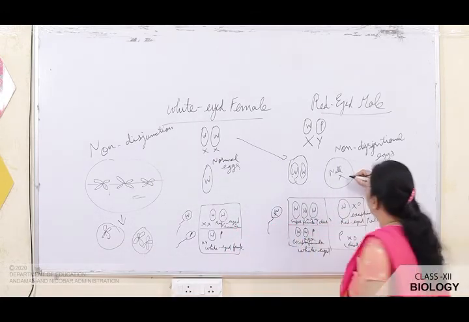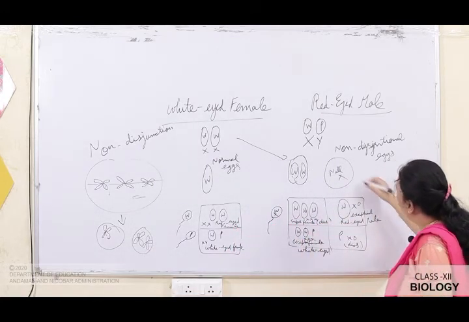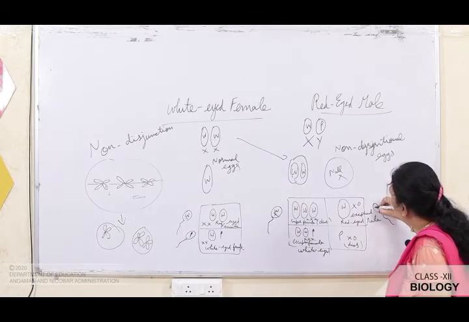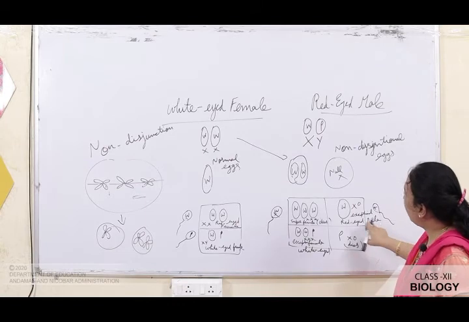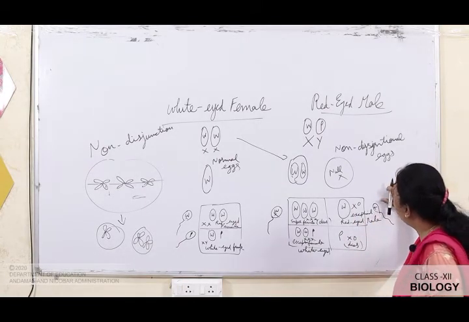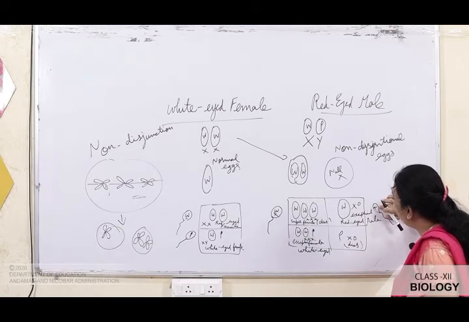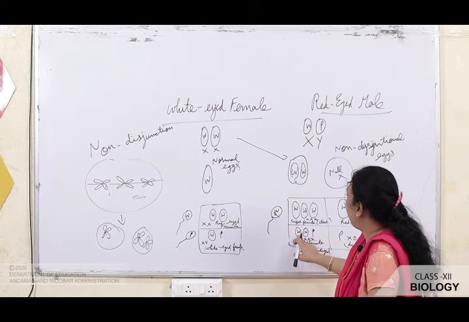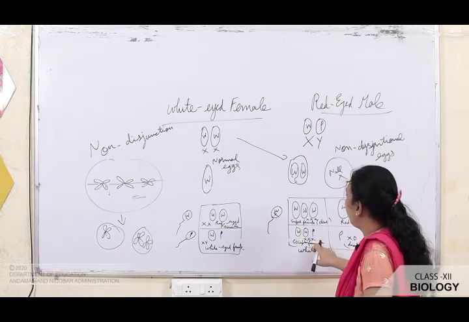Similarly here, if the egg is null X, nothing is there, and if the sperm carrying X goes, then what are we getting? An exceptional red-eyed male, because the character is carried on the X chromosome. Here again, we are getting an exceptional white-eyed one.